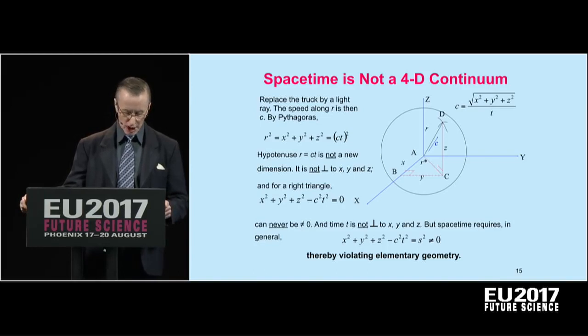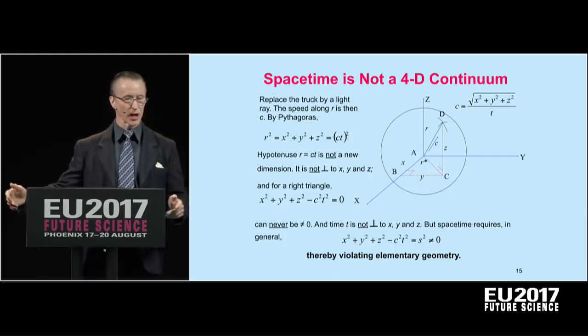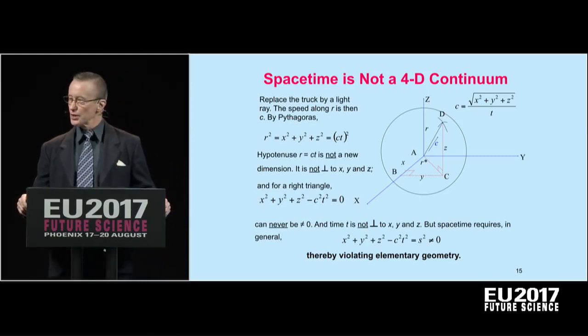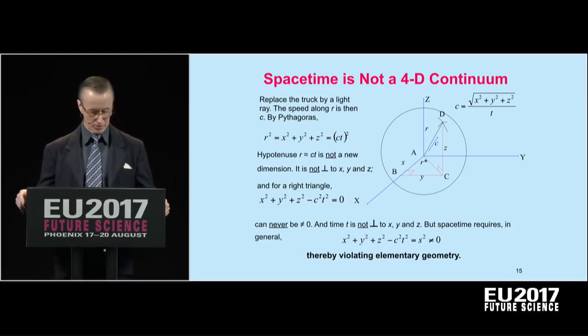Let's replace the truck that was moving along from A to D by a light ray. Everything is exactly the same as before, except now the speed is not the speed of a truck, it's the speed of light. So a light ray is going from A to D. Does anything else change? Not at all.